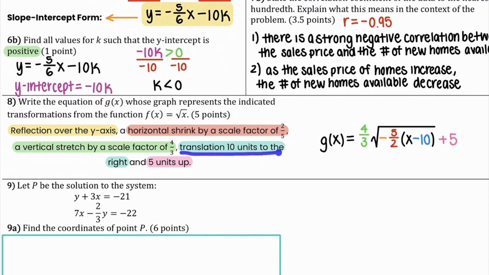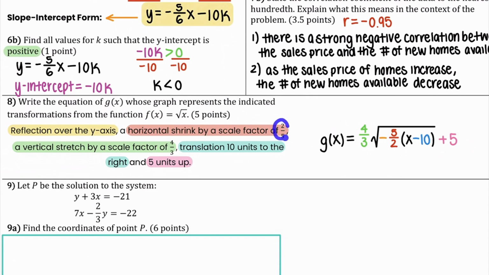Translation 10 units to the right: x's lie, so shifting to the right by 10 units is equivalent to writing subtraction of 10. Then from there, we have reflection over the y-axis and horizontal shrink by a scale factor of 2/5. Every single time we manipulate the values of x in terms of a horizontal stretch or shrink, or a translation left or right, it's always going to be the opposite of what we think it is.